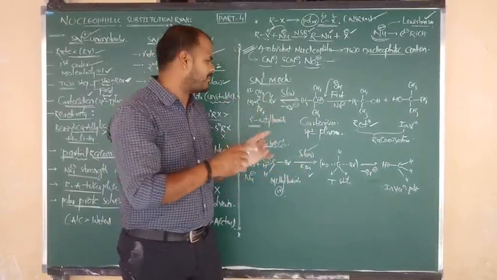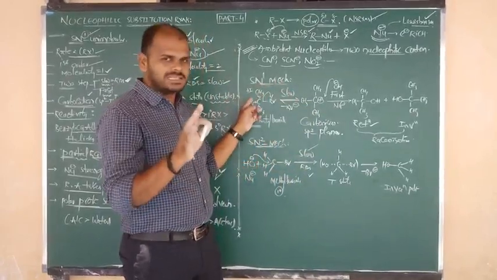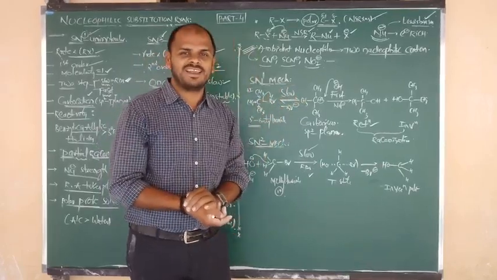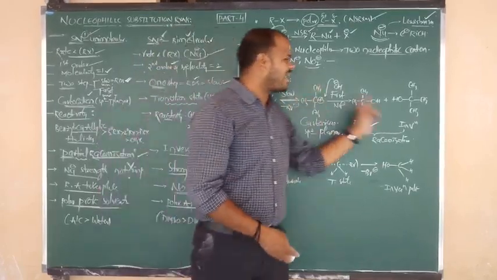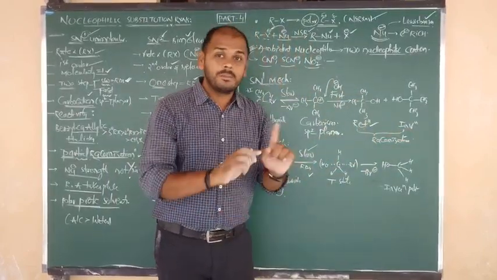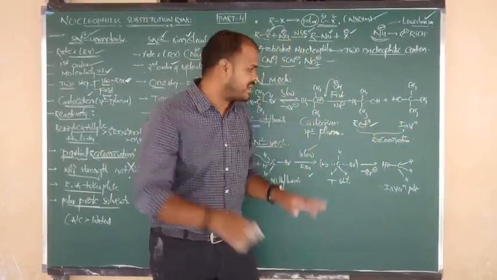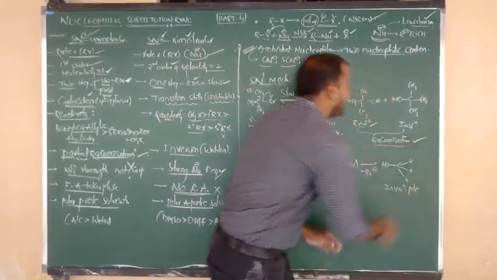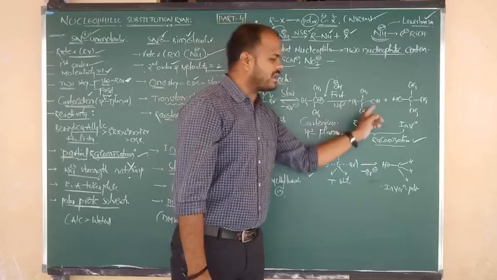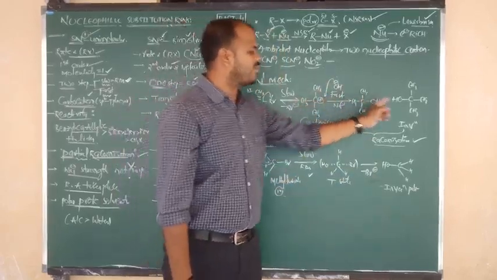Back attack is preferable, because from the back there are less repulsive forces, while from the front there are more repulsions. So by back attack, inversion is dominant, and the other is retention, but not in 50-50. That's why the product is racemization. So by front attack of nucleophile, retention; by back attack of nucleophile, inversion.